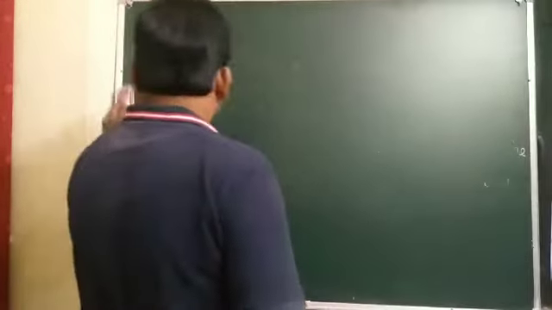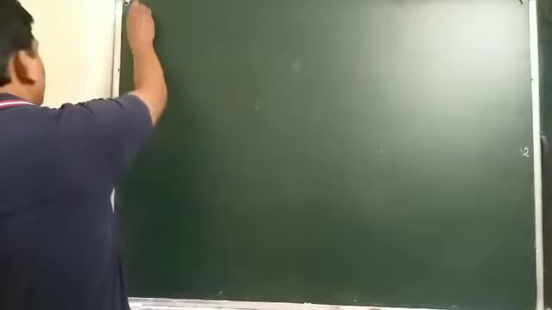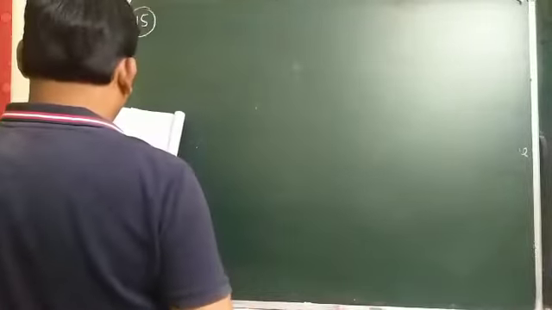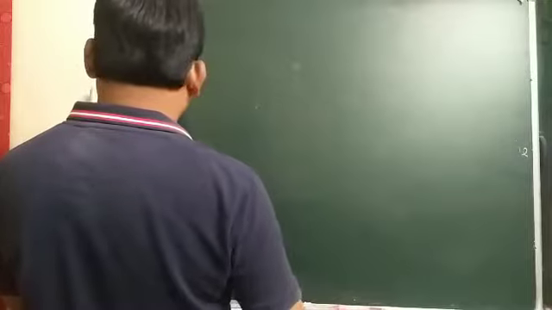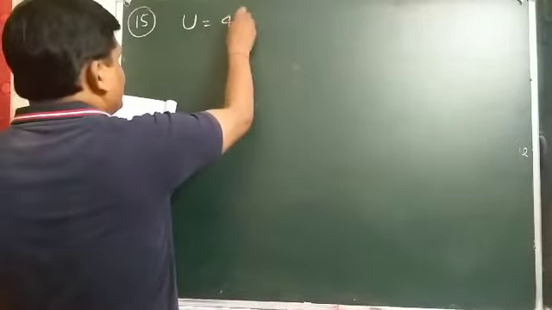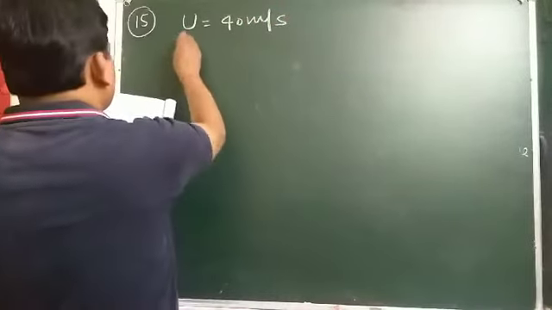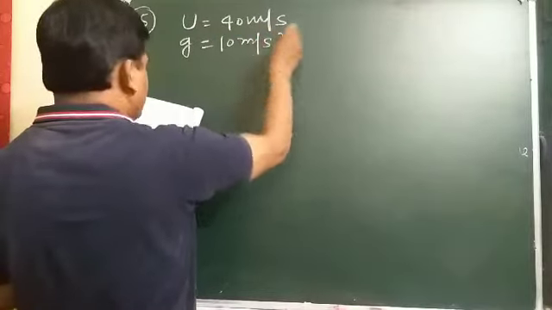from NCERT. The quantities given: a stone is thrown vertically upward with an initial velocity u of 40 meter per second, and g is given as 10 meter per second square.